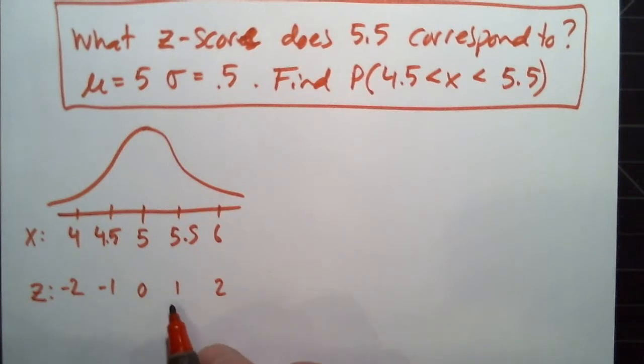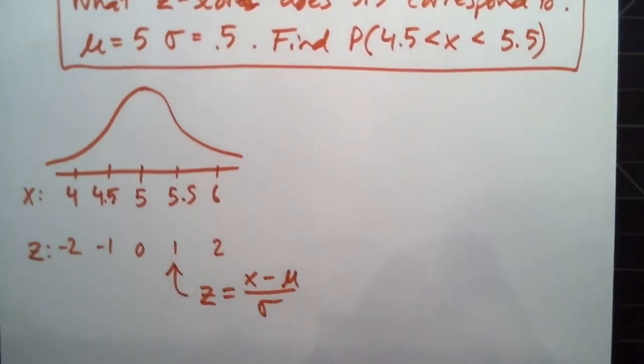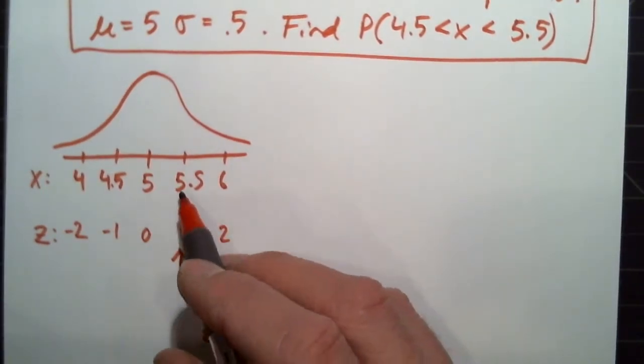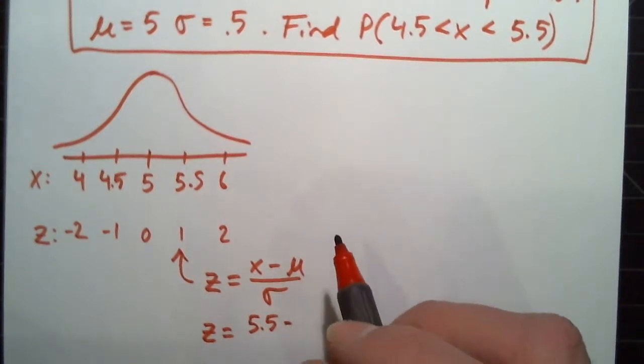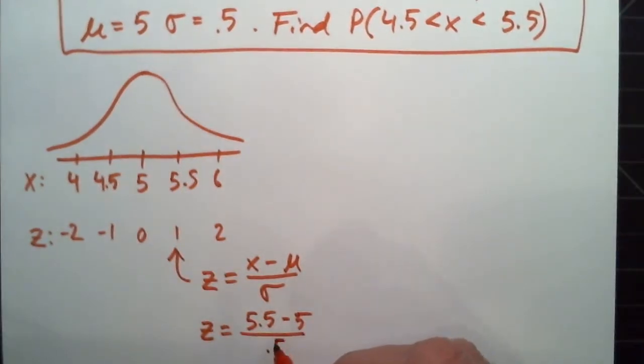This leads to a formula to convert x values to z values. So if we wanted to find that, we'd know that z is equal to x minus the mean over sigma.